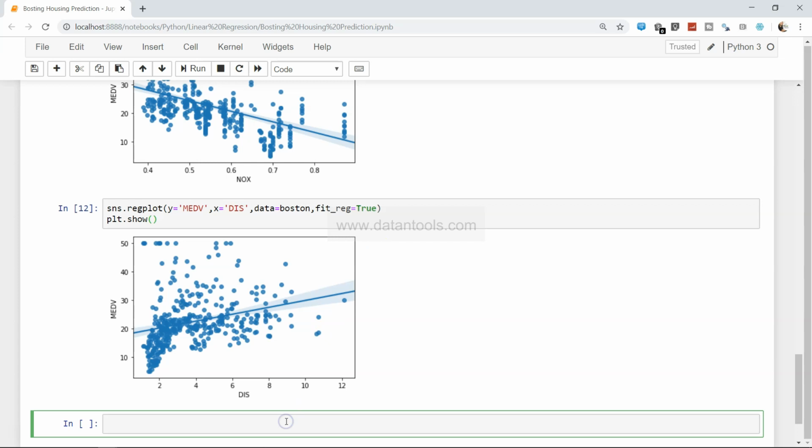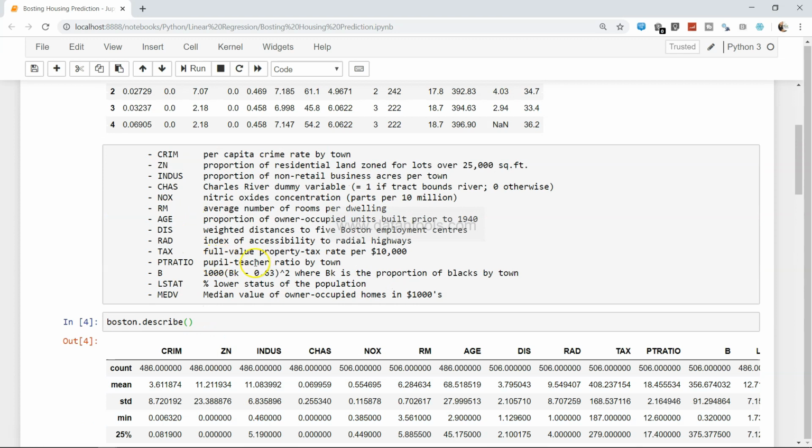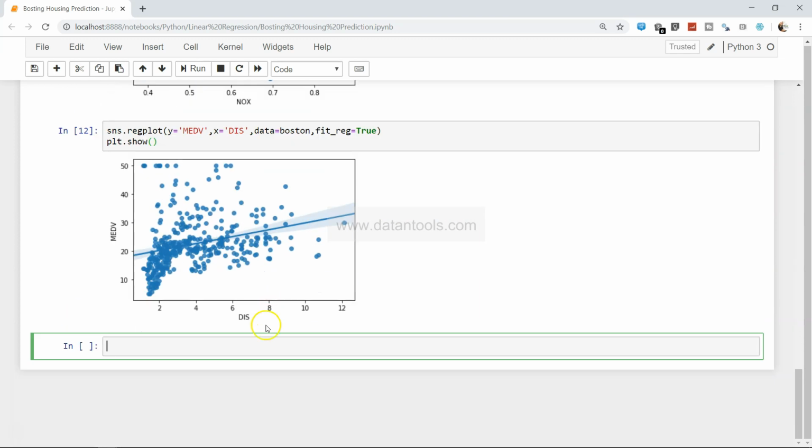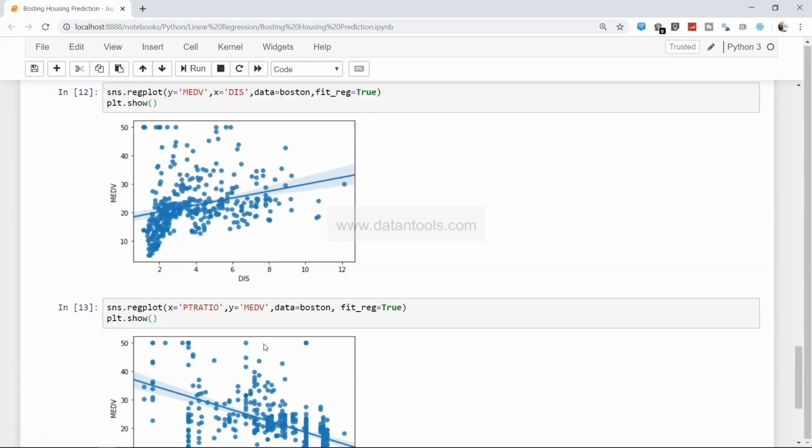Now let's try another variable, which is PT ratio, the pupil-teacher ratio in town, for those who have children. So sns.regplot, then x equals PT ratio, and y equals MEDV, data equals Boston, and fit_reg equals True, plt.show.